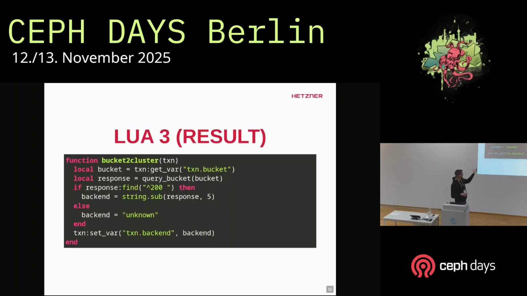So we look for "200 ". If that matches, then the rest of the string is obviously our backend that we will use in HAProxy. And this is basically the last line. Then we set the backend variable that can later simply be used in HAProxy to pick and choose the correct backend.